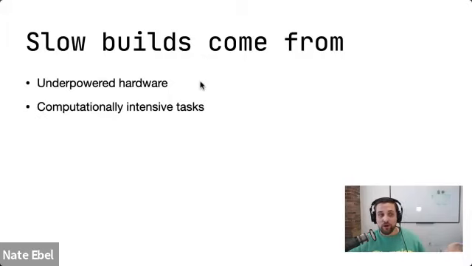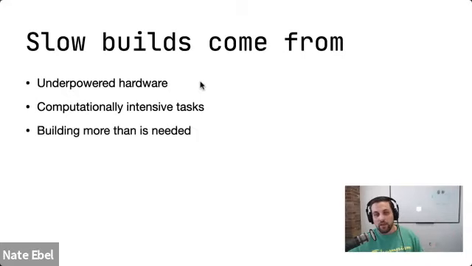We might be running really computationally intensive tasks. Maybe for some reason, part of your build is calculating Fibonacci to a huge degree. Computationally intensive things are just going to be slower. And also, and this last one is a big one, if we're building more than we really need to build, we're going to have slower builds. And thankfully, there are things we can do for all of these to help improve them. And that's where the talk is going to go.